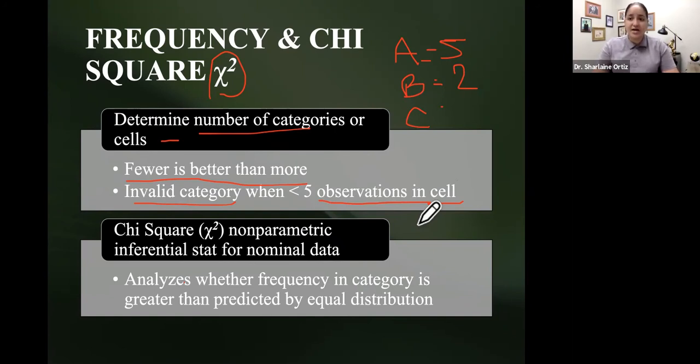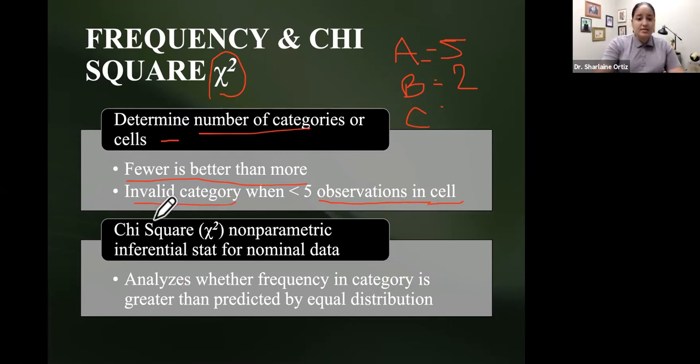I cannot justify that the amount of people or data points in there happened because of something other than chance. So for this category, there's simply not enough data. We simply do not have enough data within that box, within that category, that actually reflects that category.